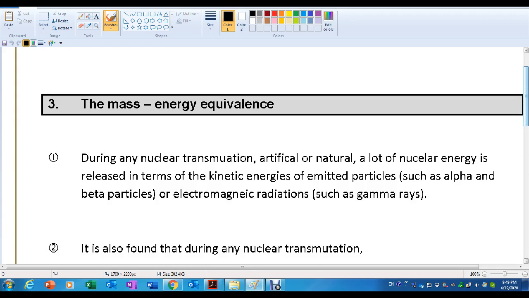So there must be energy release, but the problem is, where does this energy come from? Because we know in the universe, the law of conservation of total energy must apply. If something releases energy, there must be a source of the energy, right?